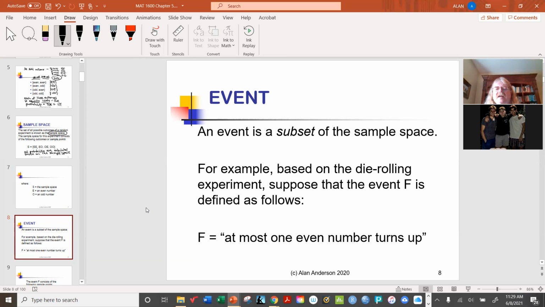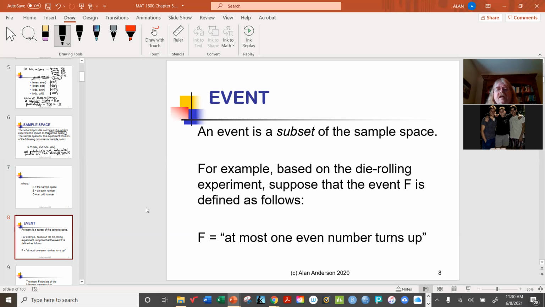Based on the sample space we defined a few minutes ago, suppose there's some reason why it matters to us whether or not a maximum of one even number turns up when we roll the two dice. Now it's defined here in terms of English: at most, one even number turns up. You can translate that into math by saying that the number of evens is less than or equal to 1.